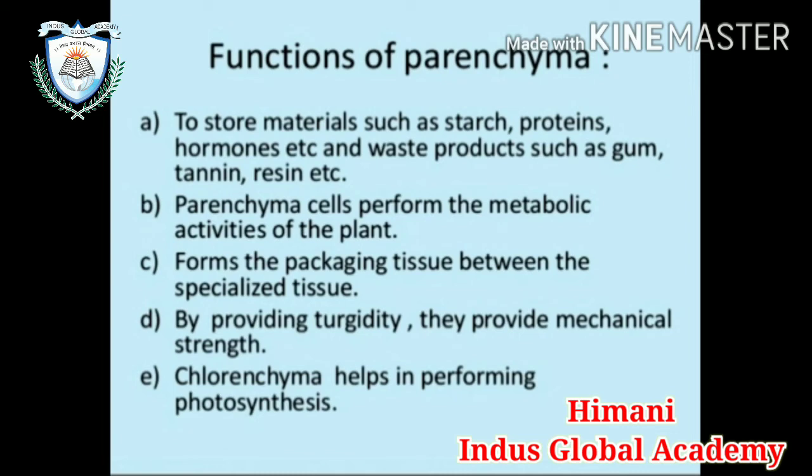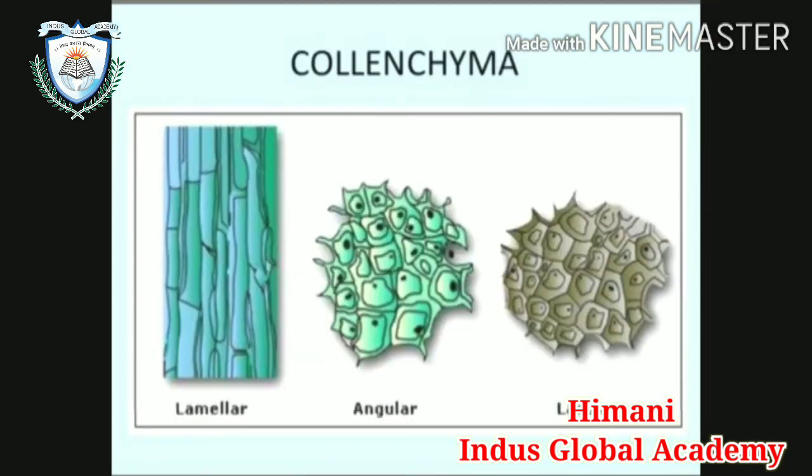It forms the packaging tissue between the specialized tissue. They provide turgidity so that they can provide mechanical strength, and chlorenchyma helps in performing photosynthesis because of the chlorophyll.